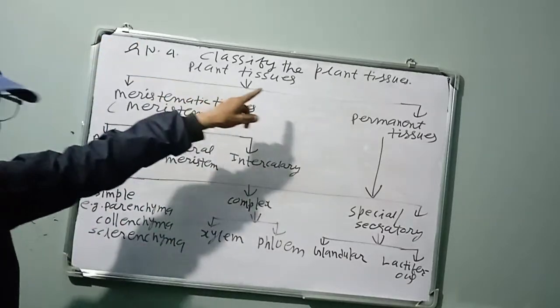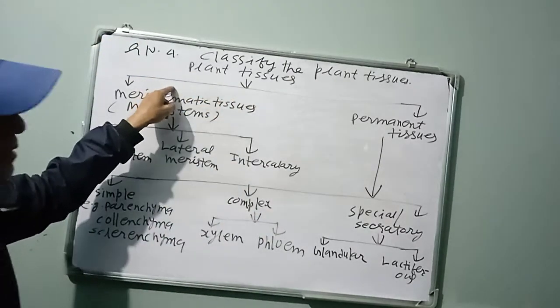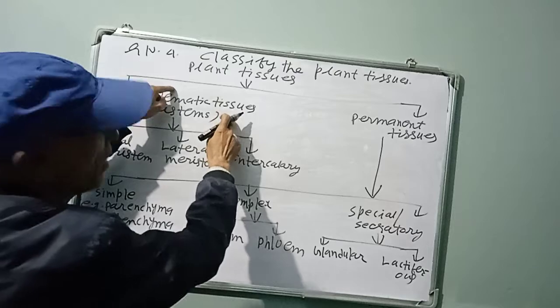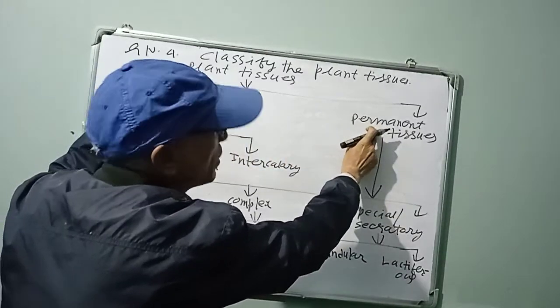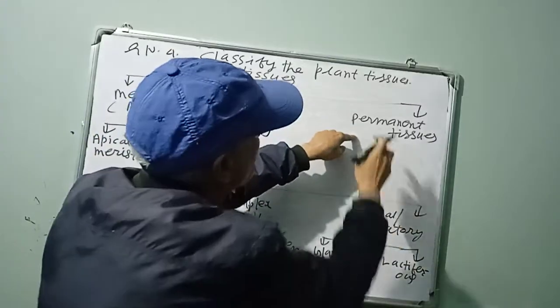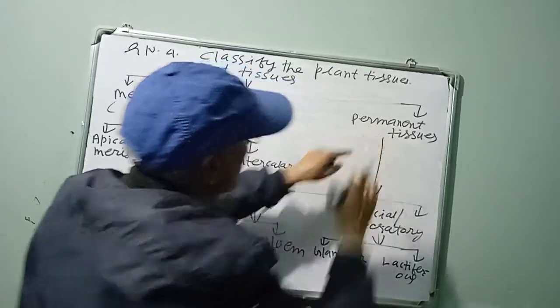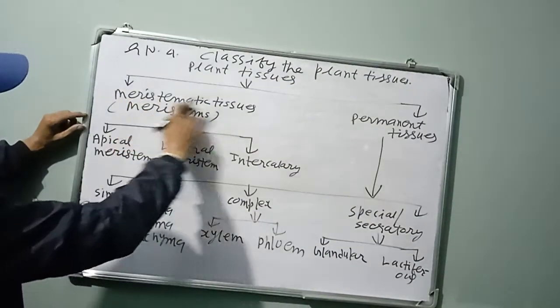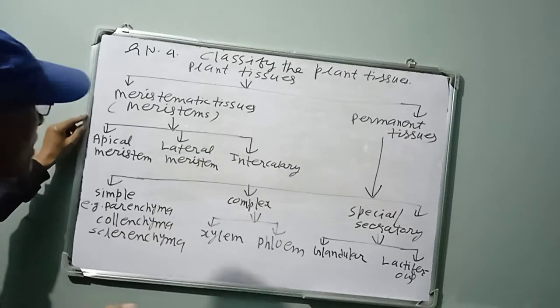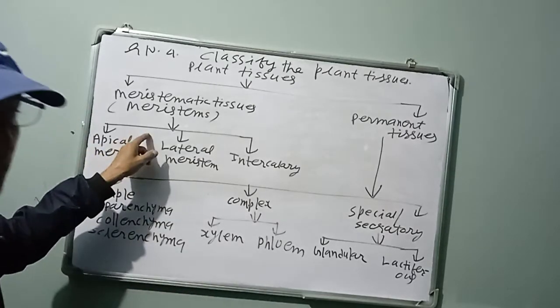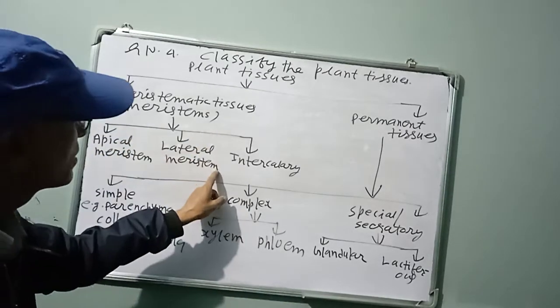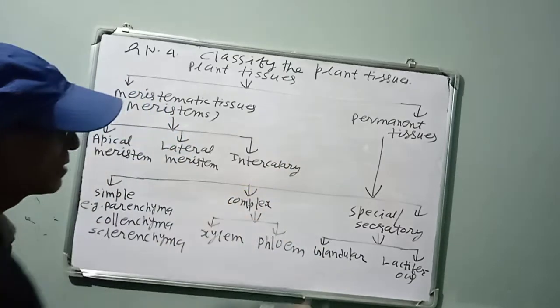See, two types of plant tissues. Meristematic tissues, which can divide and are living. Permanent tissues, which cannot divide. Some of them are living, but many of them are dead. Meristematic tissues or meristems are of three types: apical meristem, lateral meristem, intercalary meristem.